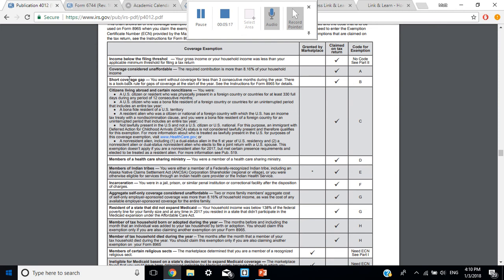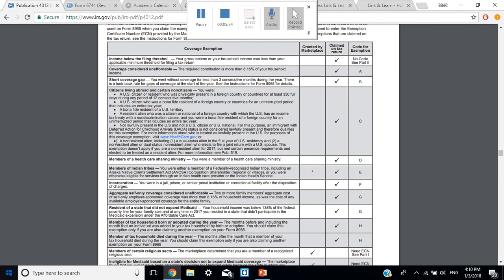You will see the short coverage gap being used when families, for example, switch jobs or get laid off, don't have coverage for 2 months, and then get a new job that covers them. And so, although they have 10 months covered and a 2-month gap in September, October, let's say, the government does not penalize them because of the short coverage gap. It allows you up to 3 consecutive months during the year that you can basically plug this in, get an exemption, you're fine. Now, let's go to this next question, citizens living abroad and certain non-citizens.